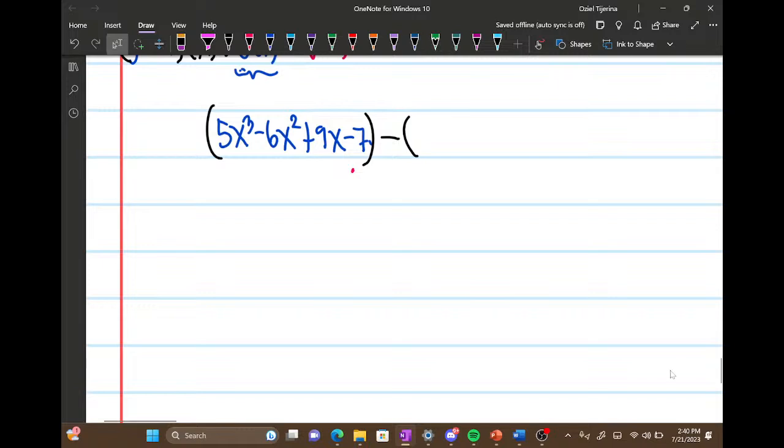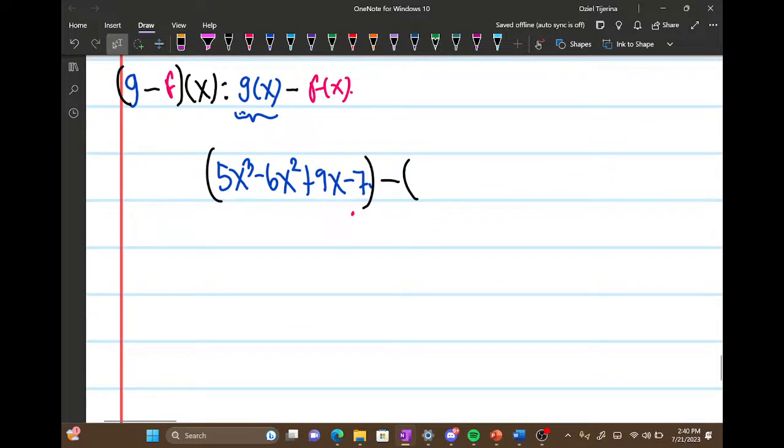Okay, so, like I was saying previously, g of x minus f of x. We're going to go ahead and apply the rule. And there's something in particular that I want to show you guys here.